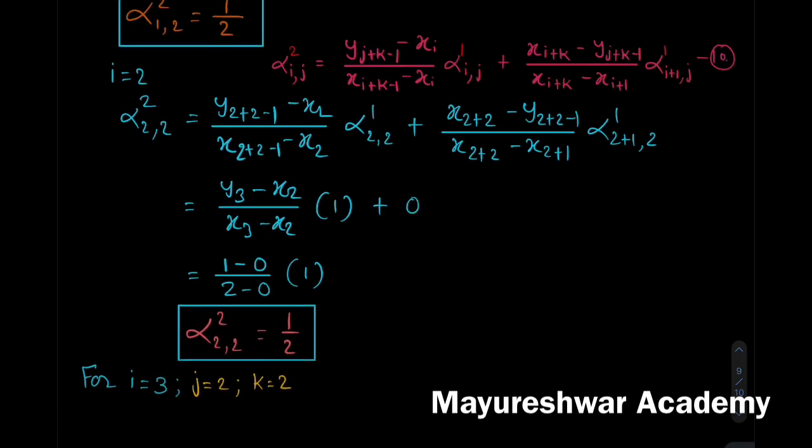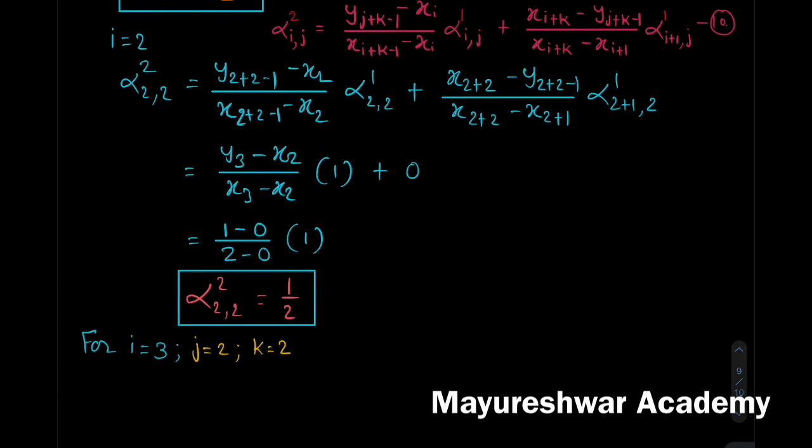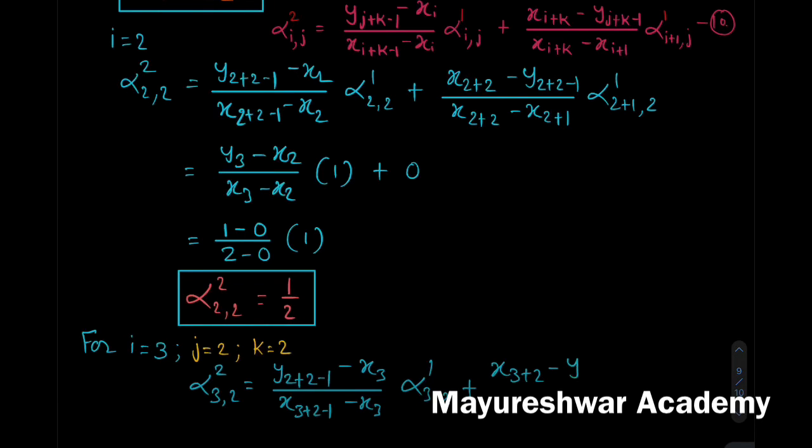Okay, so alpha 3 comma 2 of second order is now equal to, okay, this equation: y2 plus 2 minus 1 minus x3, divided by x3 plus 2 minus 1 minus x3, times alpha 3 comma 2 first order, plus x3 plus 2 minus y2 plus 2 minus 1, divided by x3 plus 2 minus x3 plus 1, times alpha 3 plus 1 comma 2.